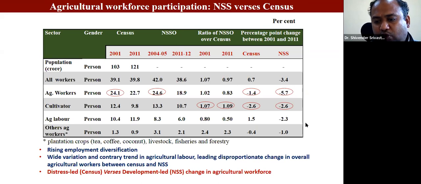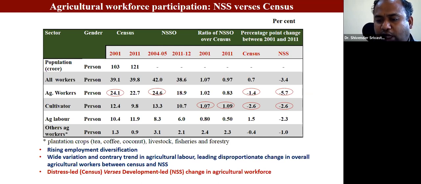But if you see these two sources of data, you will find a contrary trend. Because we have comparison data only between 2001 and 2004, and corresponding to 2001, the available data for NSSO is 2004. So we can compare these two, census and NSS, and they should actually be closer to each other. I will not say they should be exactly the same, but the ratios of workforce participation should be almost close, so that it gives at least the same trend.